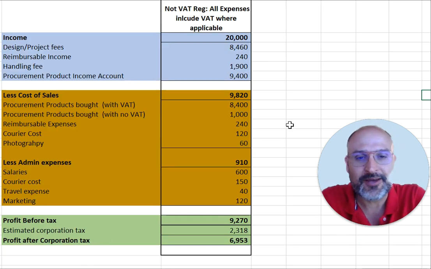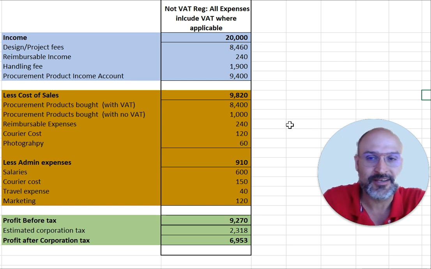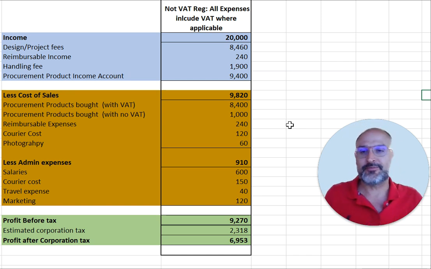Firstly, whenever I deal with interior designers, I know they like to look at pretty things. They don't like financials. They don't like numbers, these sort of numbers. They don't like accountancy, generally speaking. They like pretty things, so I like to bring in colors as much as possible. If you don't like my colors, don't hate me. I'll tell you my logic behind it.